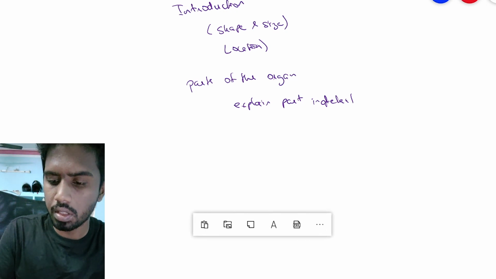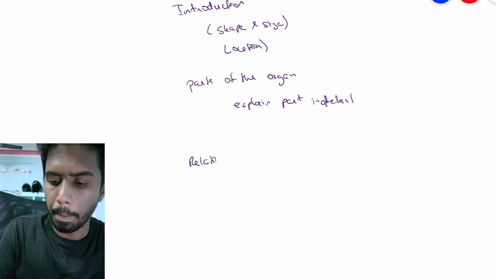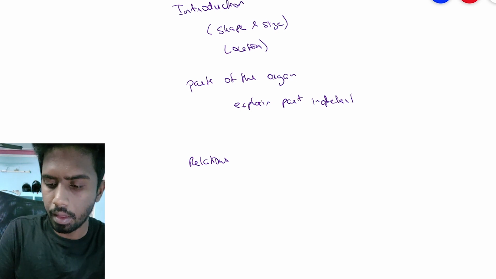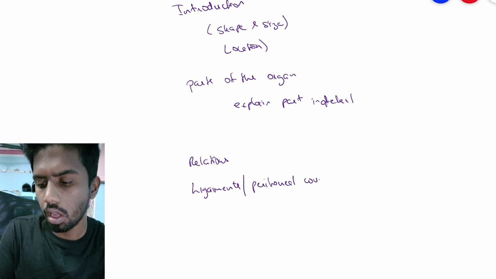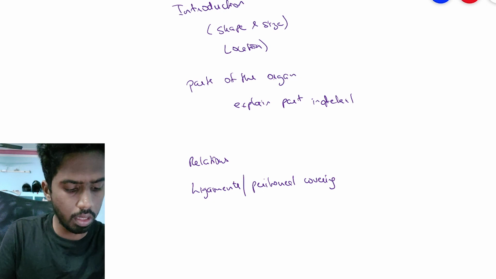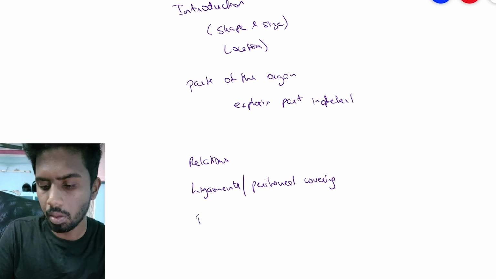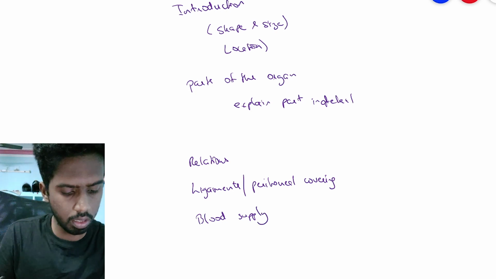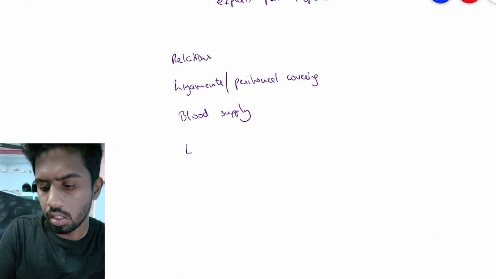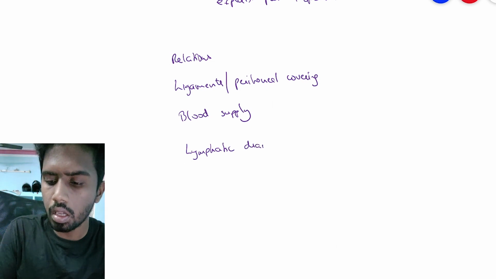Then relations, ligaments or peritoneal coverings, then blood supply, lymphatic drainage, and nerve supply.